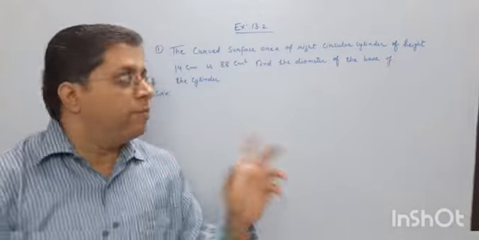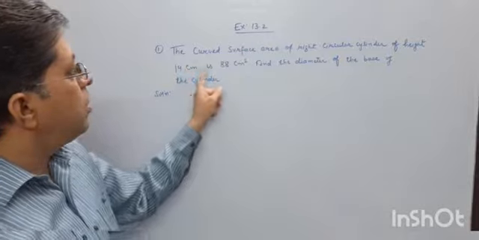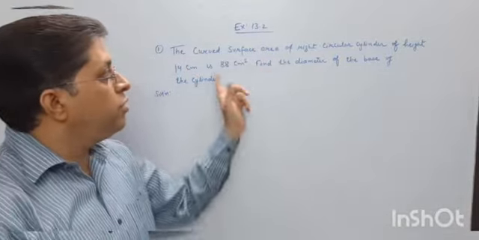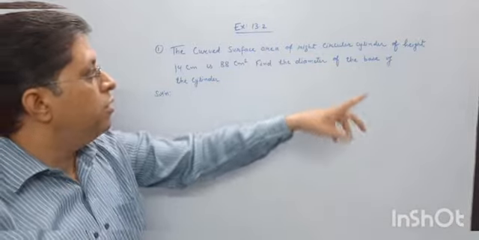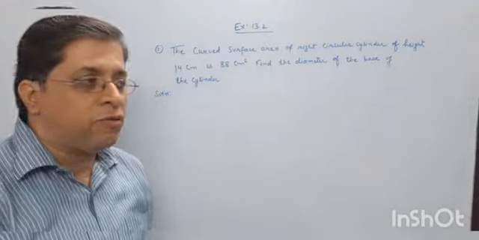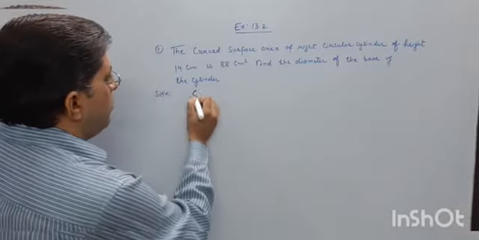Okay, now see, the curved surface area is directly given to you. Curved surface area of right circular cylinder of height 14 centimeter is 88 centimeter square. What is given?